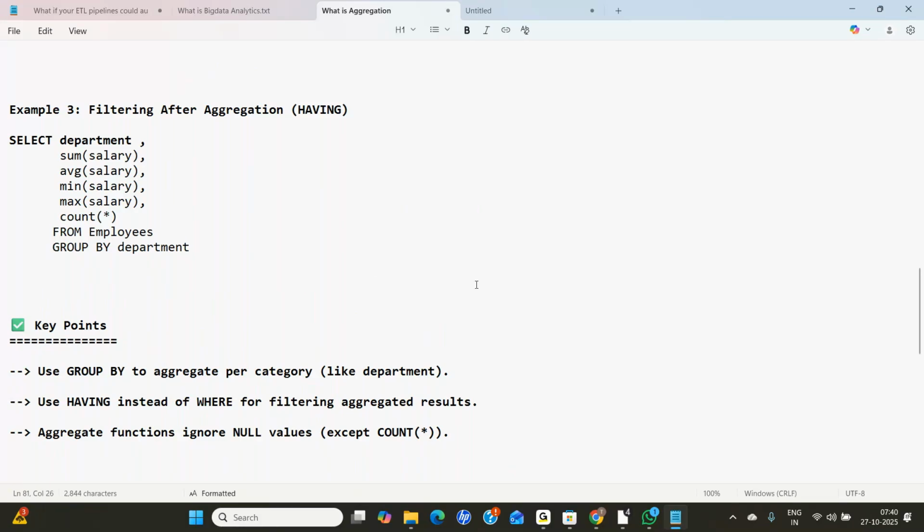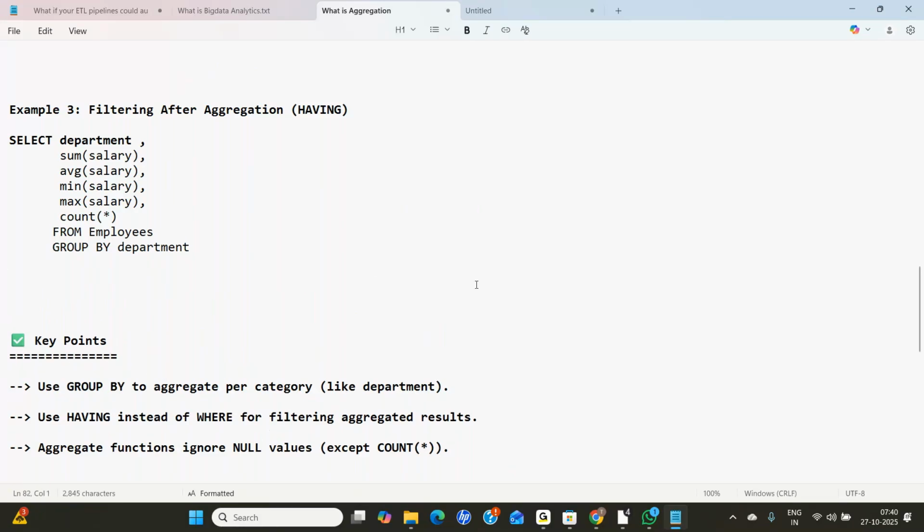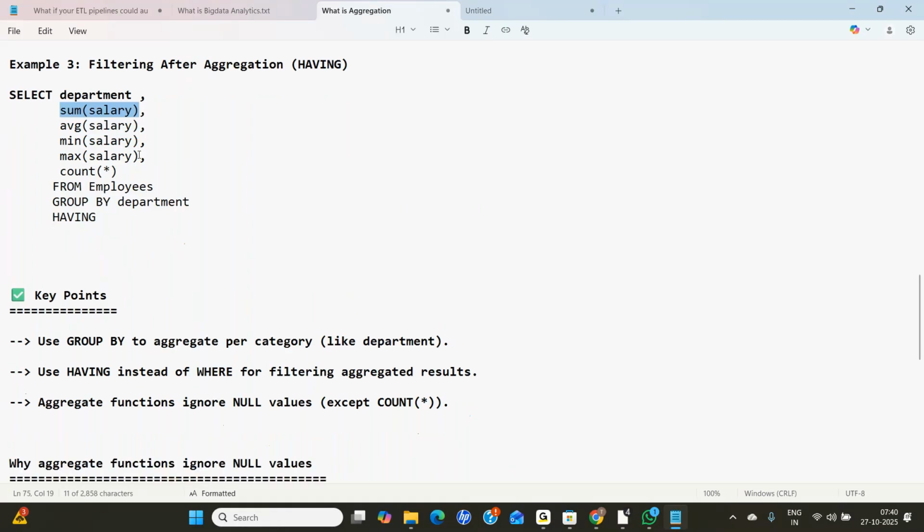Next, after group by, you write having clause: having sum of salary greater than, suppose, 80,000.